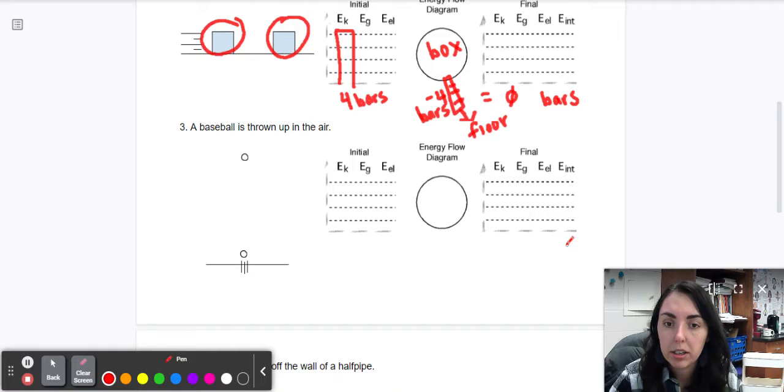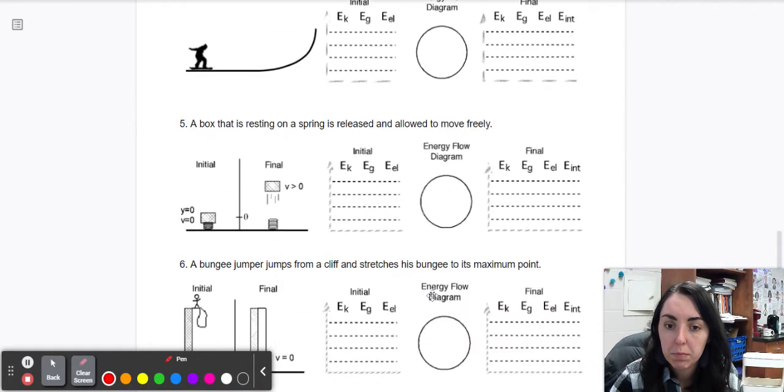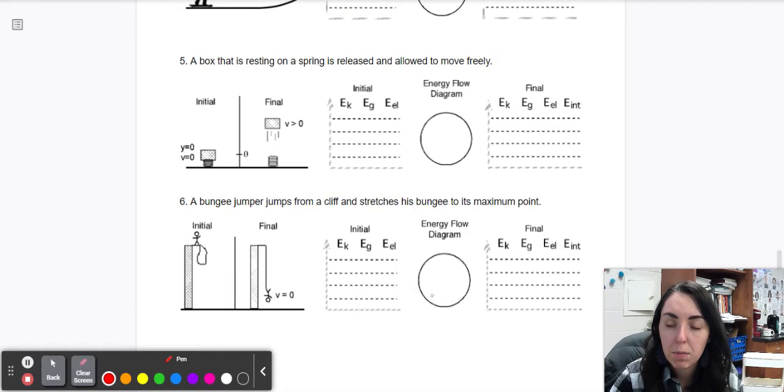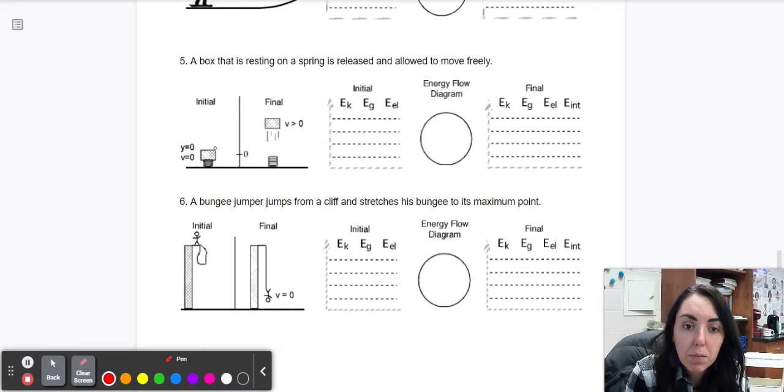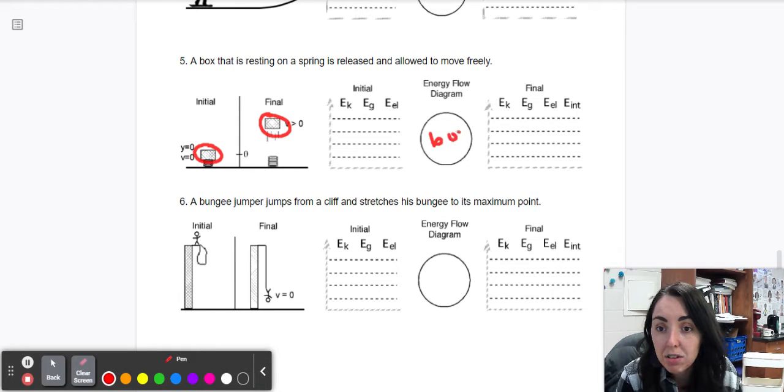Let's try one more here. I'm going to go number 5 here. Let's try the spring. So my system is the box, not the spring. So notice that my system is just the box. My system is not the spring.